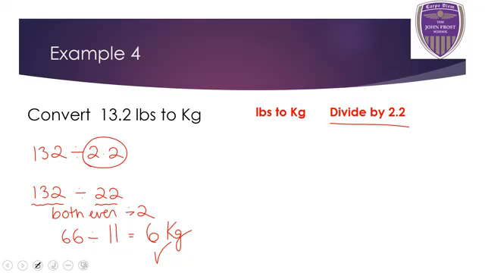Another way to do it, you could just keep adding 2.2, and you would notice 1, 2, 3, 4, 5, 6. Either way, I think somewhere along the lines you'll have to use a bus stop method, possibly. When you're ready, move on.